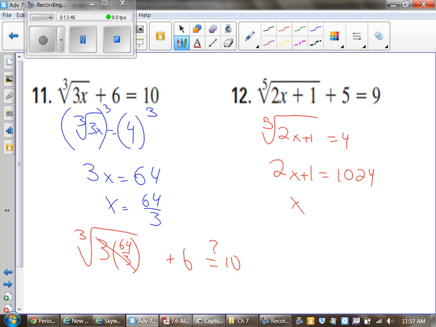Subtract 1, divide by 2. When you check that, you probably recognize right away that when you take 1023 over 2 and multiply it by 2, you get 1023. Add 1 to it, you get 1024, and we know the 5th root of 1024 is 4. And it goes on from there.